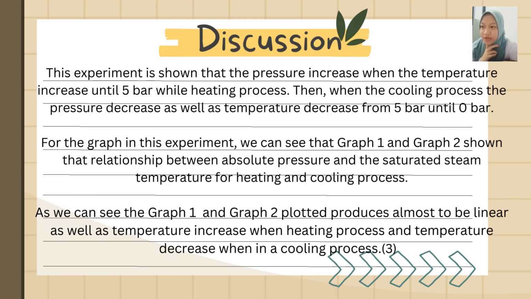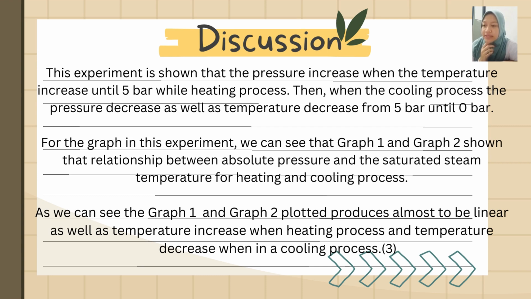Discussion for this experiment. This experiment shows that the pressure increases when the temperature increases until 5 bar during the heating process. Then, during the cooling process, the pressure decreases as the temperature decreases from 5 bar until 0 bar.